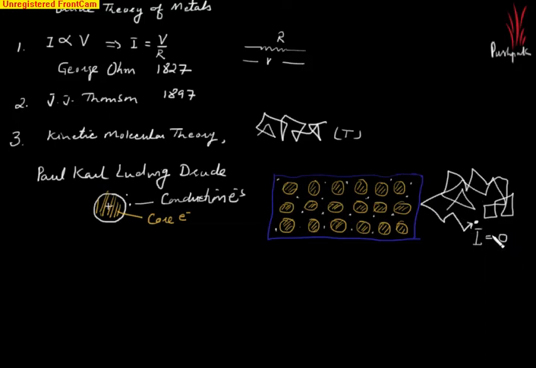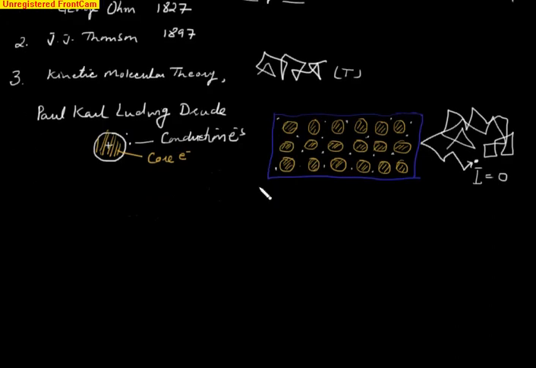Therefore, we say that when there is no voltage applied across the metal, or when there is no electric field applied across the metal, then there is no current in the metal. It means the random motion in all directions of electrons is not responsible for the current in the metal.